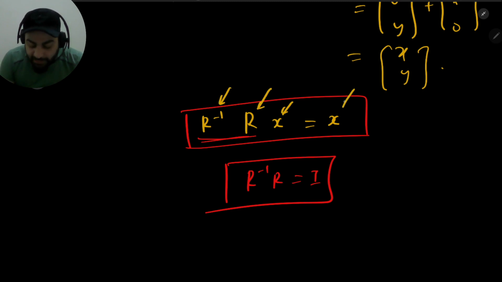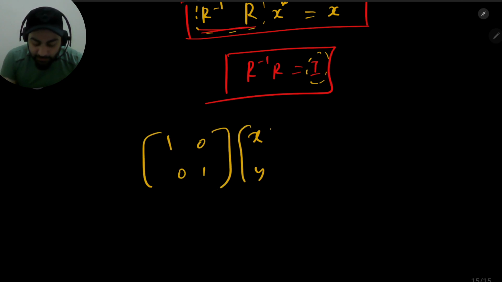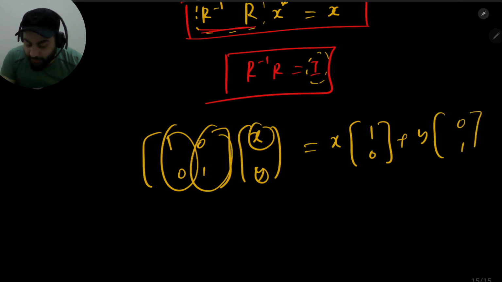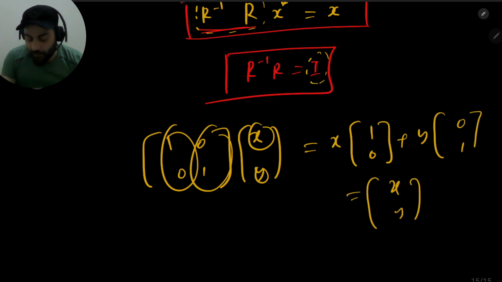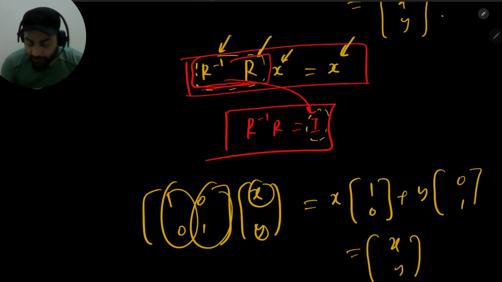If I want to get this x back, this should be equal to I, identity. If I have vector (x, y) and [[1, 0], [0, 1]], this is the identity, it will do nothing to this vector. So x gets multiplied with this, y gets multiplied with this, and you'll again get back (x, y). That's why I wrote that R inverse times R should be equal to I.